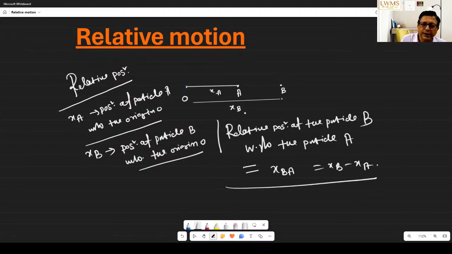Okay? Relatively, the particle B is at a distance xb minus xa from the particle A.